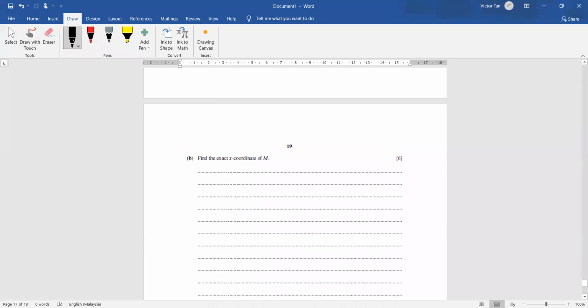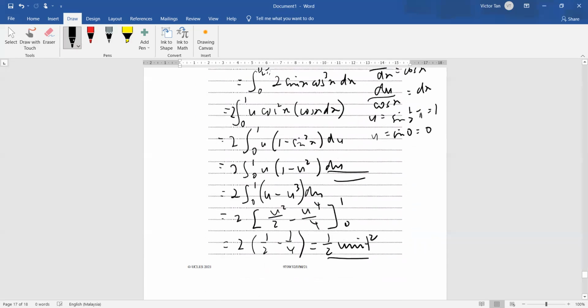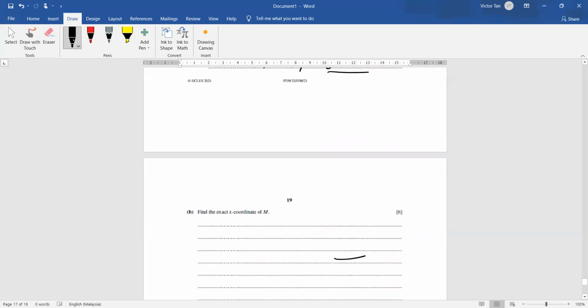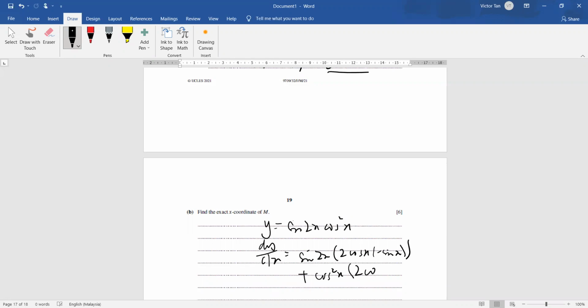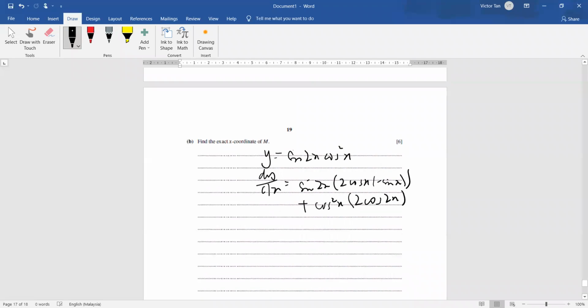Find the exact x coordinate of M. So you need to differentiate. y equals to sine 2x cos square x. dy over dx equals to sine 2x times the derivative of cos square x, which is 2 cos x times minus sine x, plus cos square x times the derivative of sine 2x, which is 2 cos 2x.